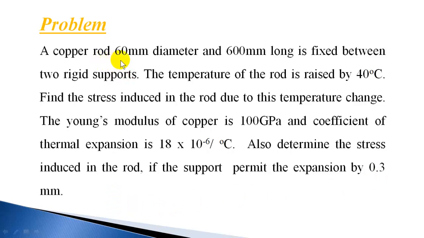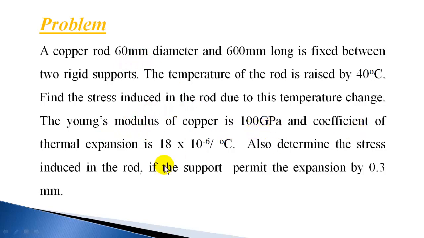So it's a copper rod 60 mm diameter and 600 mm long, and it is fixed between two rigid supports. You are increasing the temperature by 40 degrees centigrade. So delta T is 40 degrees centigrade, length is 600 mm, diameter is 60 mm, and the Young's modulus of copper is 100 gigapascal.